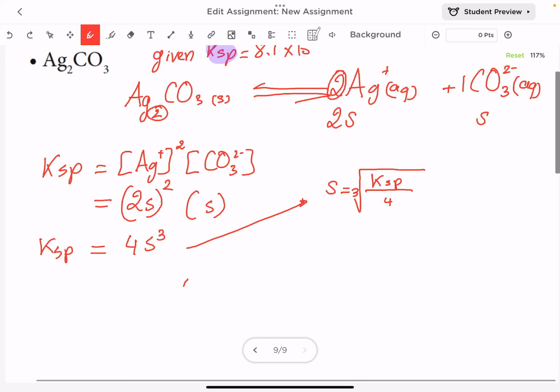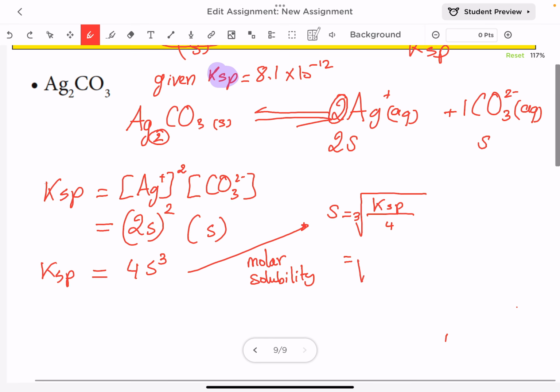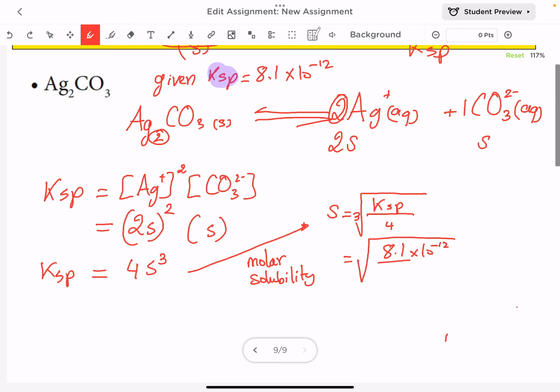Now, the question could be to calculate the solubility in gram per liter, or to calculate the molar solubility in mole per liter. So from this expression, we can directly get the molar solubility, which is in mole per liter. So I'm going to substitute the value of Ksp, which is 8.1 times 10 to the power negative 12.